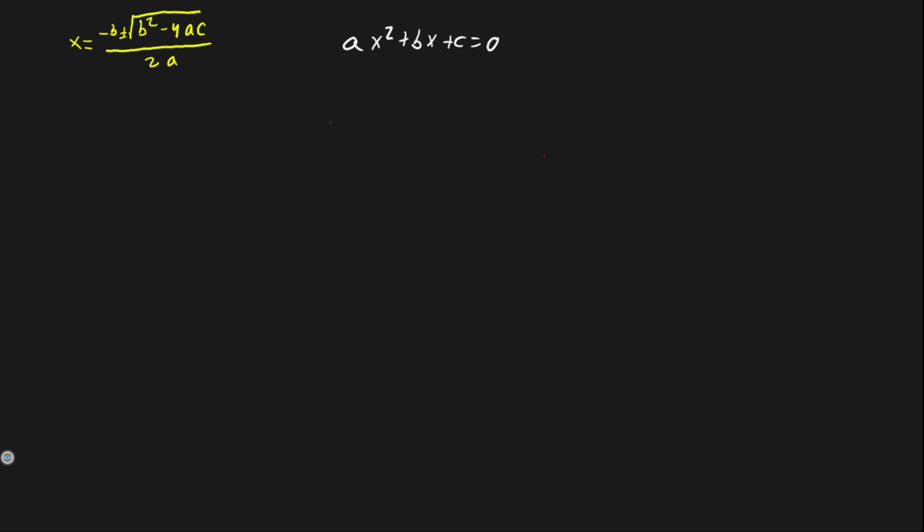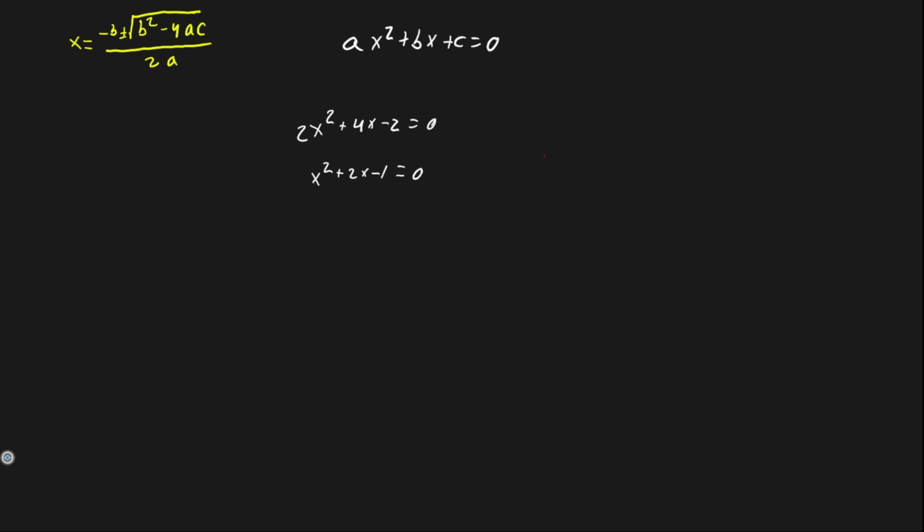So let's just start off with 2x squared plus 4x minus 2 is equal to 0. We're going to have to divide by 2. So we have x squared plus 2x minus 1 is equal to 0.